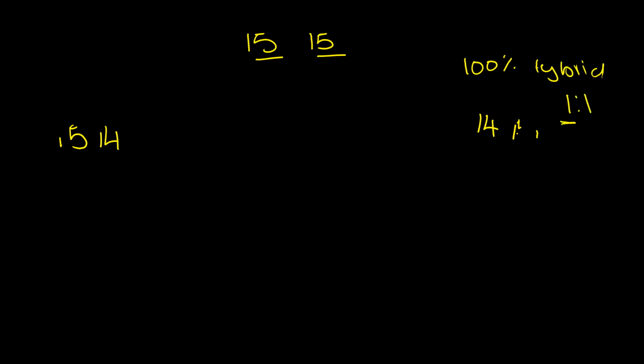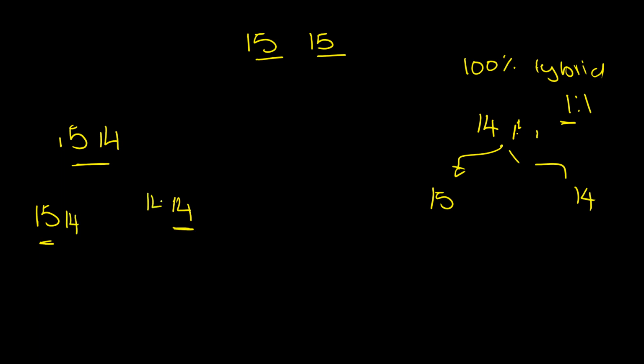Okay. And then this will split, and then this will split. This will split 15 and 14. And this will split 15 and 14. The 15 strand will make a 14 strand, and the 14 strand will make a 14 strand, because the only nitrogen available is the light nitrogen. The heavy nitrogen is not available anymore. The 15 strand will make a 14 strand, and the 14 strand will make another 14 strand.